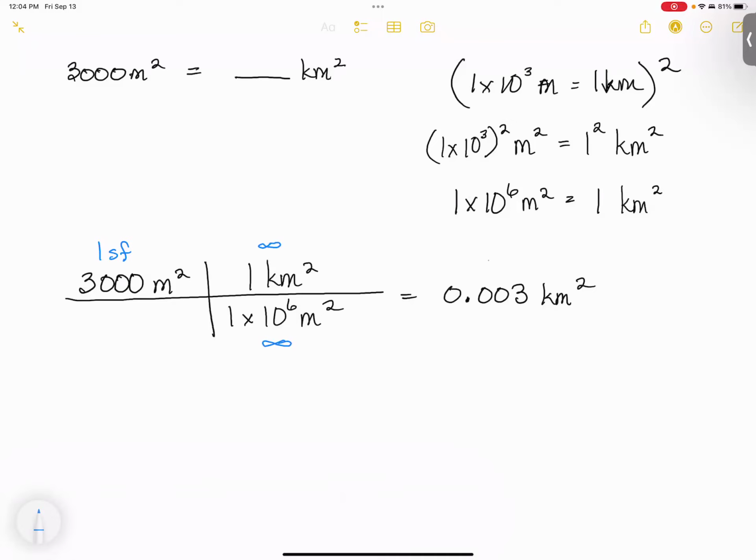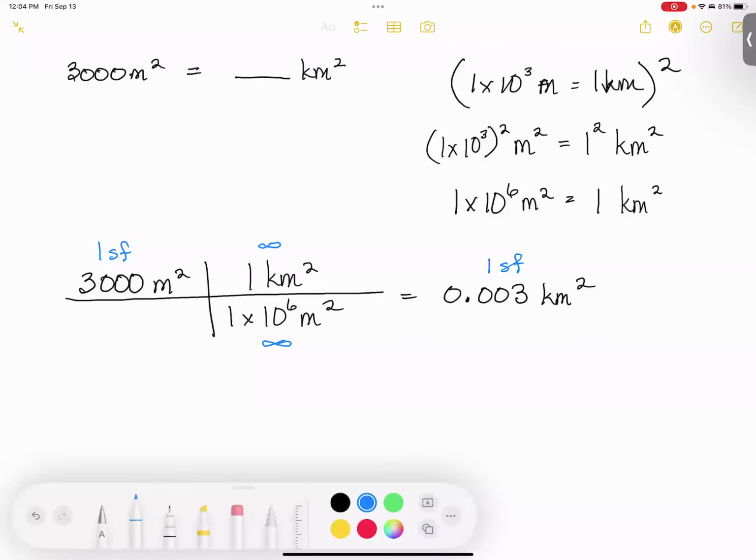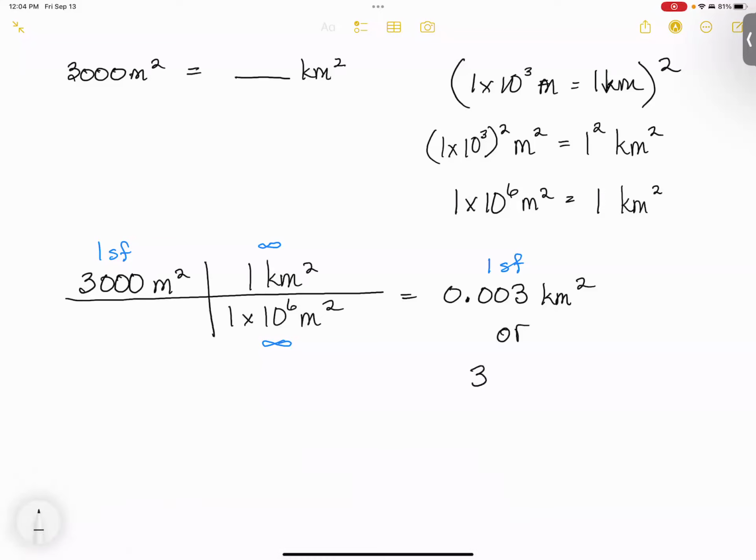So our answer should only have one significant digit since that was the measurement with the fewest. So we would report it as 0.003, or the other option is 3 times 10 to the minus 3 kilometers squared.